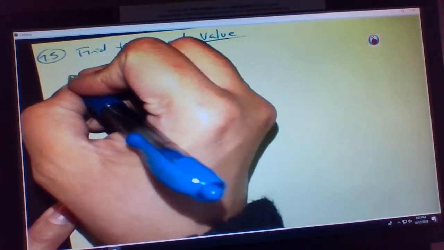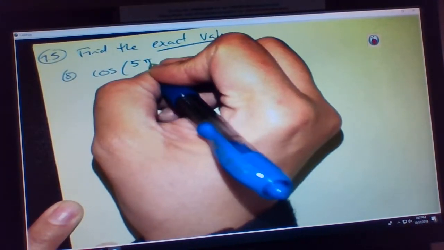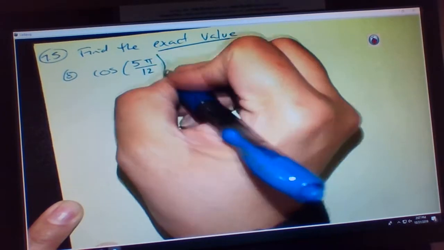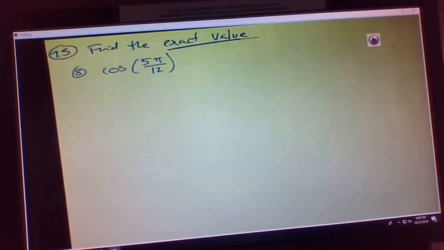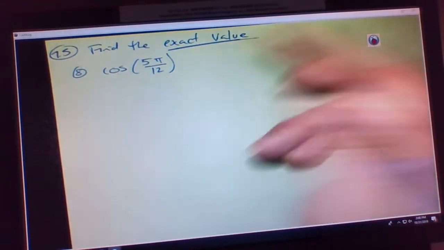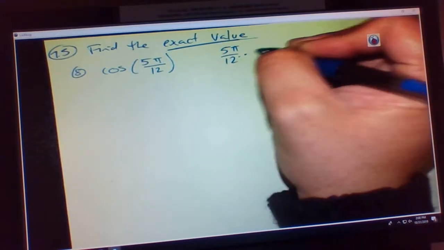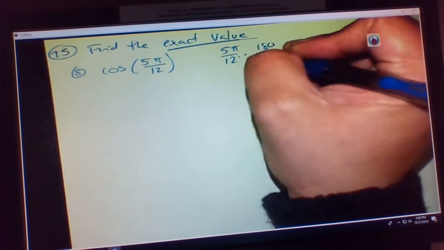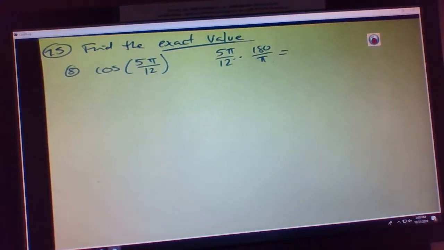Now, if I give you the problem cosine of 5 pi over 12, when we were doing the notes for this one, we agreed that it was easier to change this into degrees, right? So in order to change this into degrees, I have 5 pi over 12 times 180 over pi. Can somebody tell me how many degrees we're talking about?